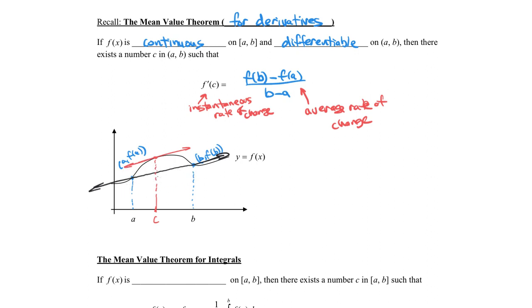There are some applications in Calc 1 that you may look at when you study this, but most of the value of the mean value theorem will be studied by you if you're so lucky that you get to take what's called real analysis or advanced calculus.